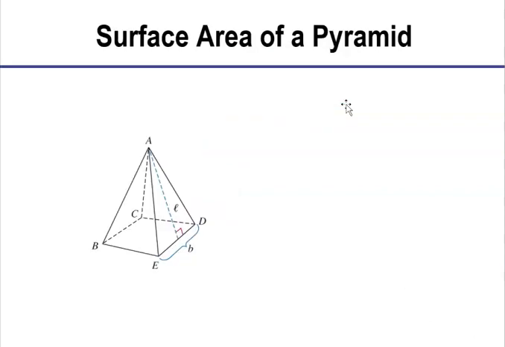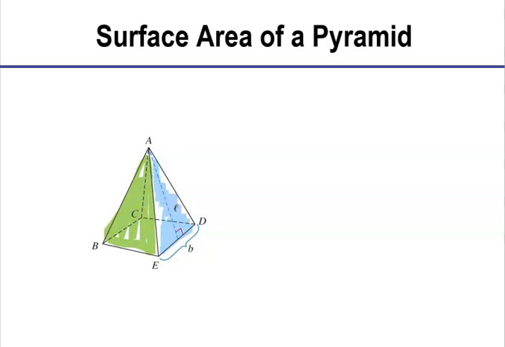What about a pyramid? Again, what I want you to envision every time you see these is you're just trying to calculate the surface area. So again, I want to know what is the area of this triangle. Let's change colors. And then I want to know what's the area of this triangle.